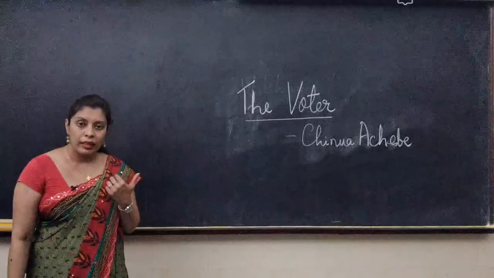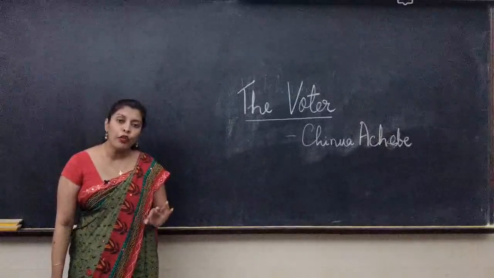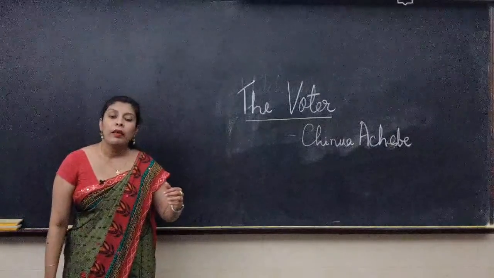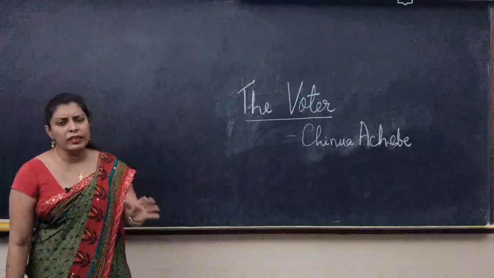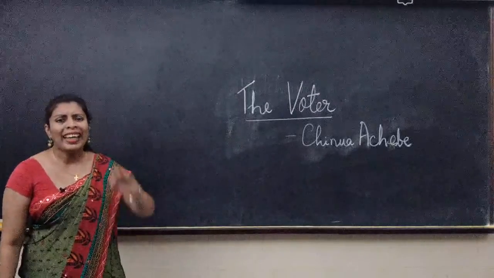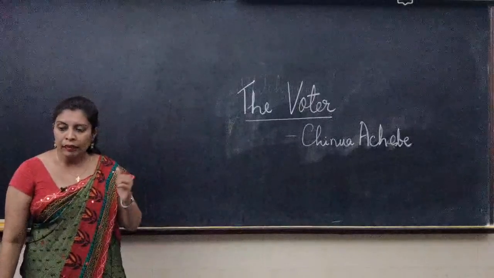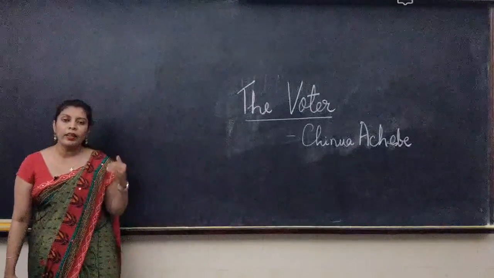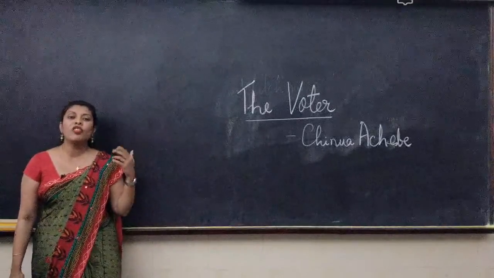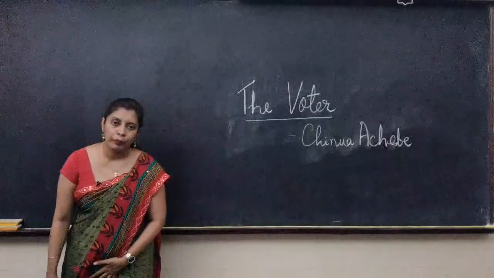Now, at the very outset, the author tells us Roof was a very popular fellow in his village. All the villagers were fond of him. He was young and energetic. They were so fond that they did not make any extra effort to praise him.